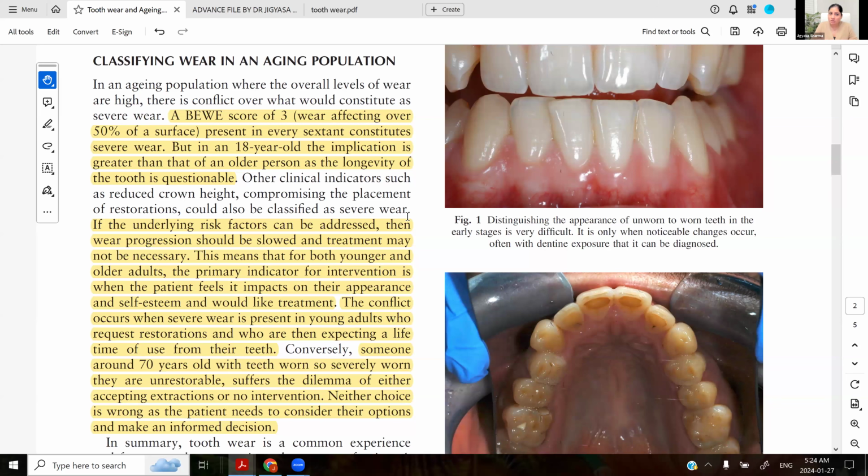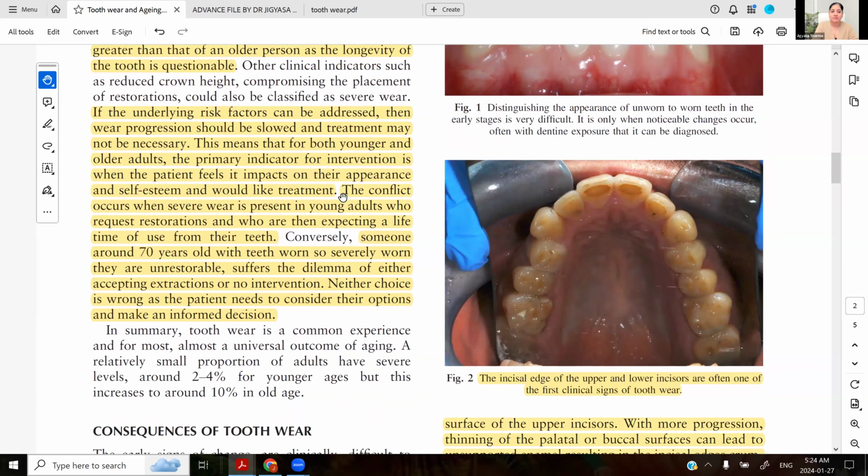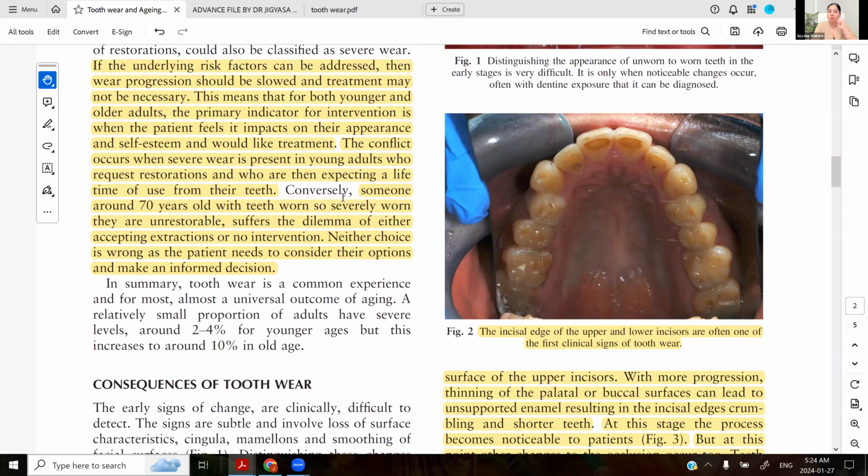So with age, the same score can mean different things, which would make you think differently in terms of treatment and even in your preventive approaches, right? If the underlying risk factors can be addressed, then wear progression should be slowed and treatment may not be necessary. So first and foremost in any wear management is addressing the underlying cause, right?